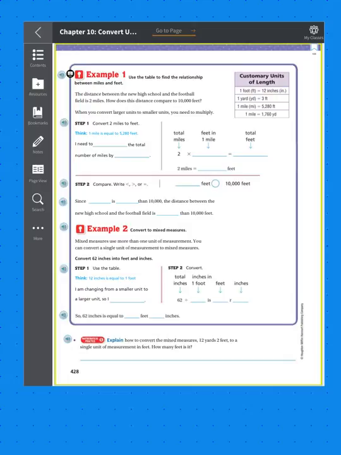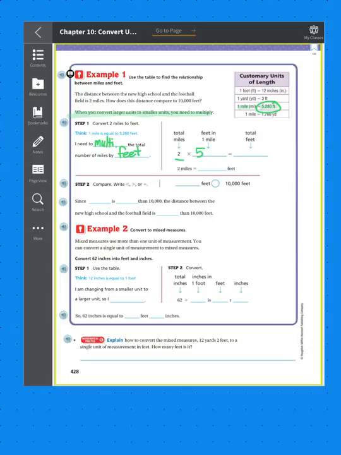Okay, so we're going to do a couple of examples in the book. Again, this is super important. When you convert larger units to smaller units, you need to multiply. So if I'm converting 2 miles to feet, I need to multiply the number of miles by the feet. So if I have 2 miles, I'm going to multiply by how many feet are in 1 mile.